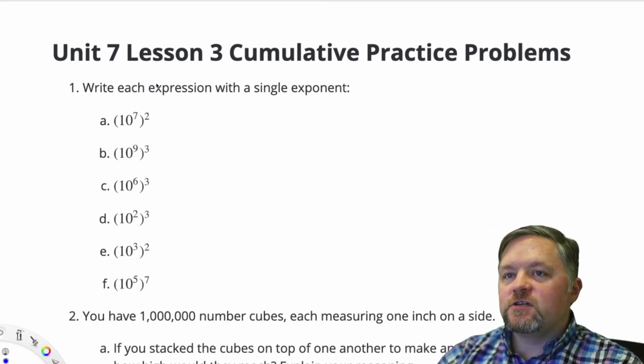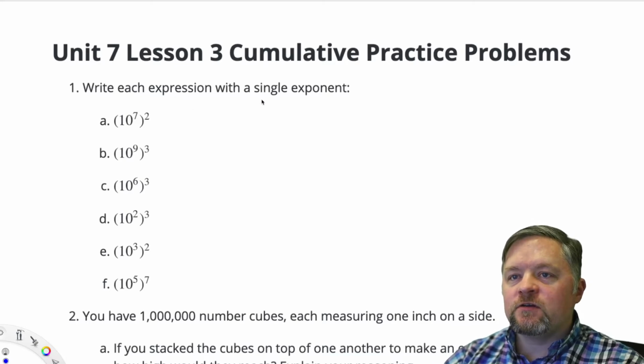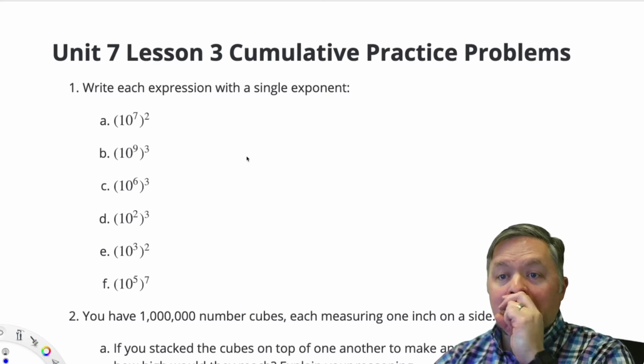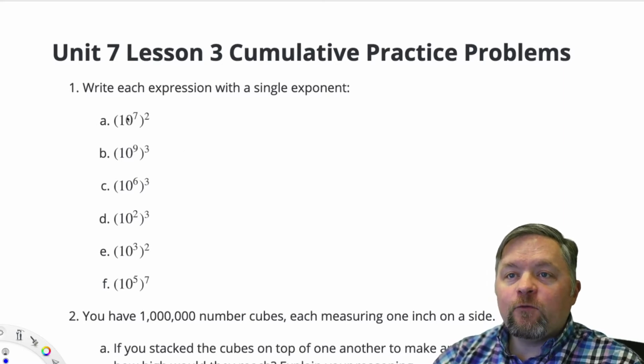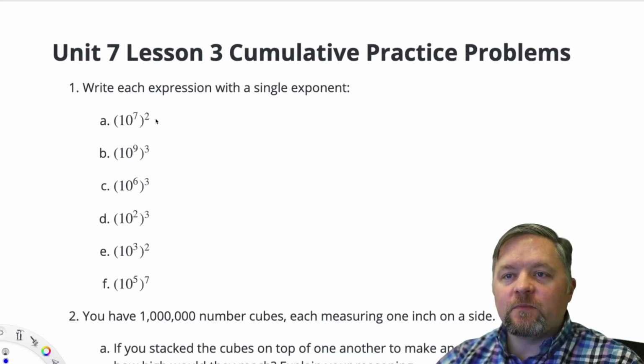Our first question says write each expression with a single exponent. If we have something being raised to a power, and then we raise that to a power, what do we do?